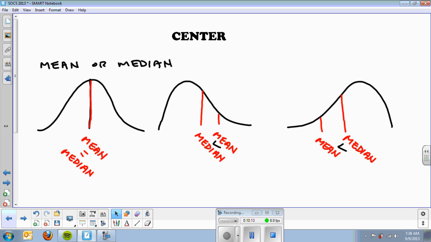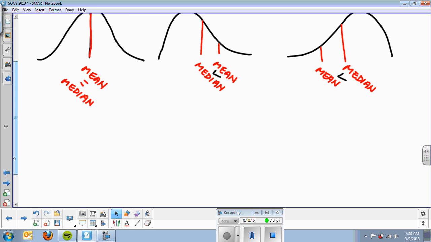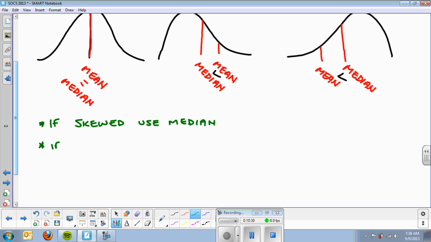That's another concept that will come up a lot. If the data is skewed, you're going to use the median as a measure of center. And if the data is symmetric, you're going to use the mean as your measure of center.